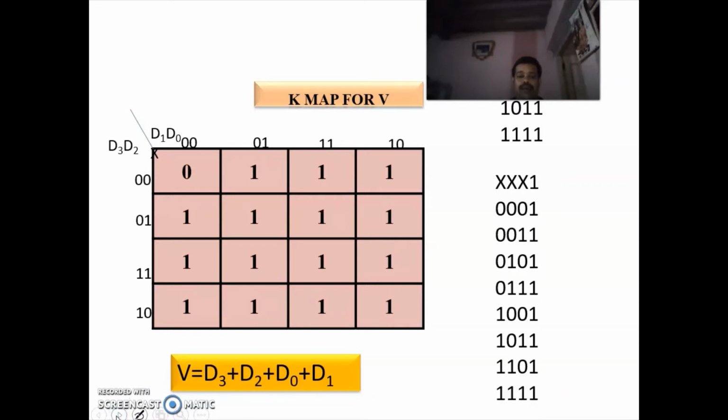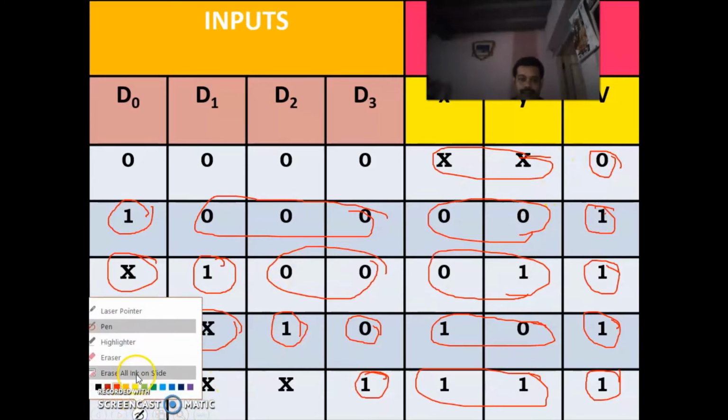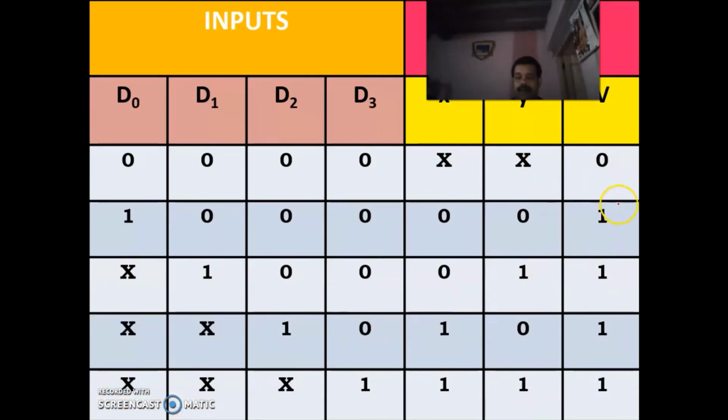Now we have to draw the truth table of D0, V, X and Y. First we are going to check the column of V. So V is having 1 in the place of 1 0 0 0.